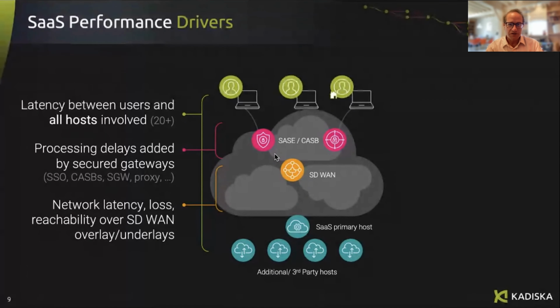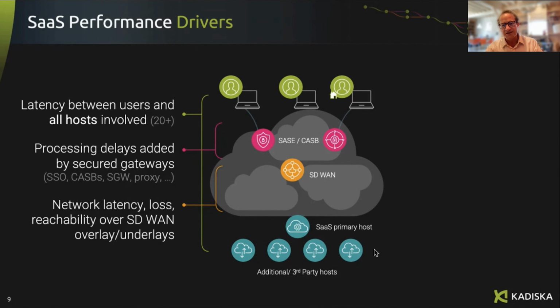and CDN providers. Okay, so the first thing you probably want to monitor is the latency between your users and all the hosts involved in the delivery of your SaaS platforms. So not one, but 20 plus hosts. And you may have some hosts to which a user has a short latency, and some others where the latency is actually far longer than for the other ones.